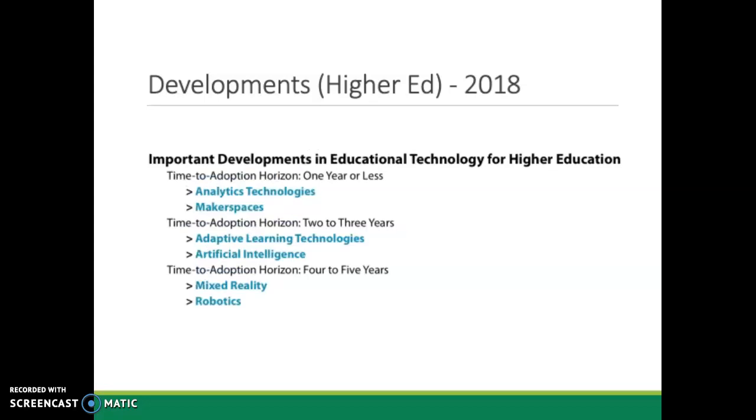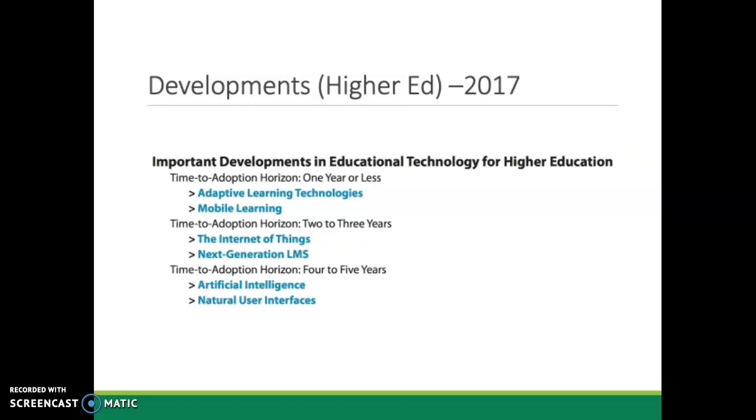So then in the Higher Ed 2018 report, you can see that analytics technologies are still there, maker spaces, adaptive learning technologies, artificial intelligence, mixed reality, and robotics. And then looking at the 2017 report, you can see adaptive learning technologies again, mobile learning, the Internet of Things, new generation learning management systems, artificial intelligence, and natural user interfaces.